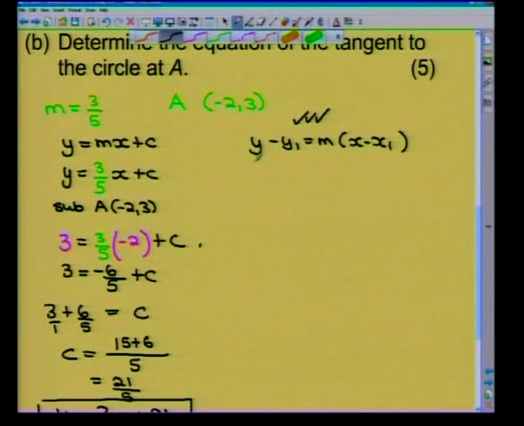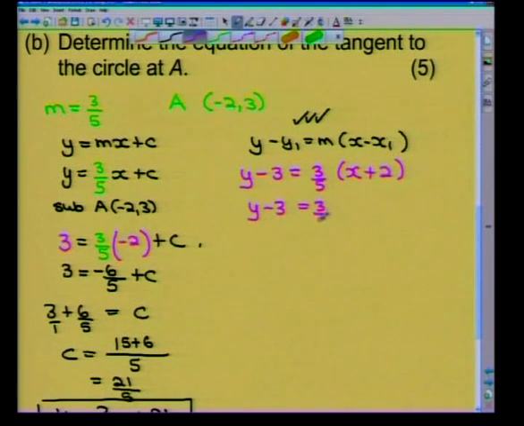There we have it. So I'm saying to you, let's rather go y minus y1 equals the gradient, which is 3/5 (x plus 2), because it's minus minus 2. So now I have y minus 3 equals 3/5 x plus 6/5. And just for convenience, let's times through by 5.